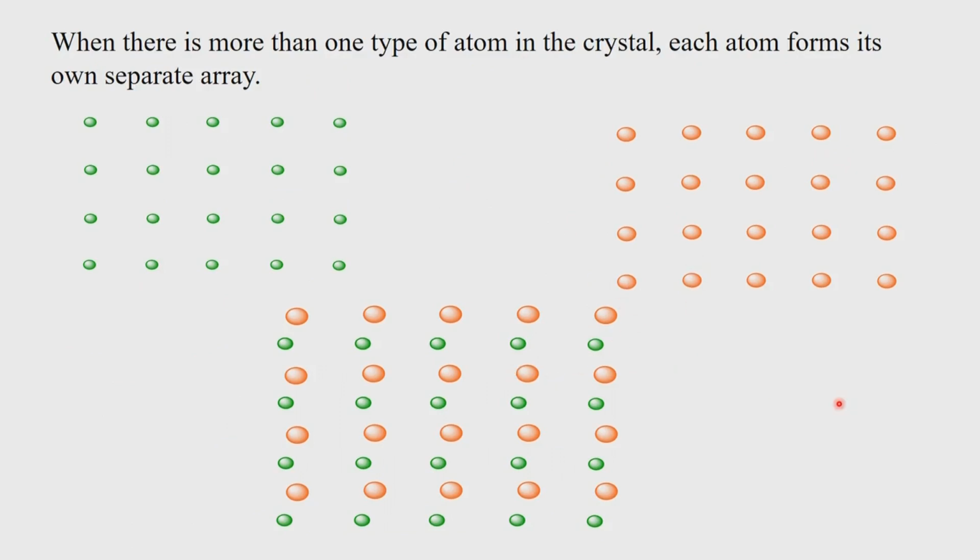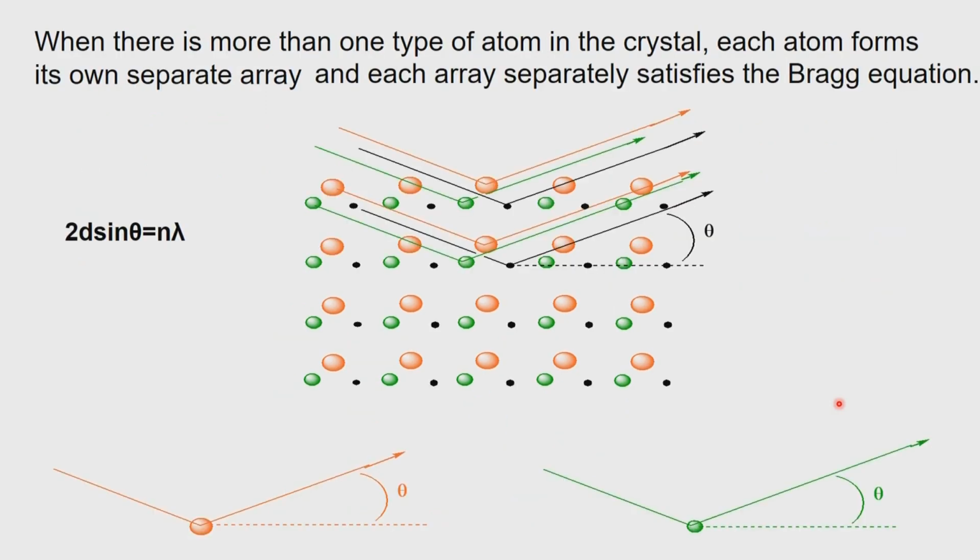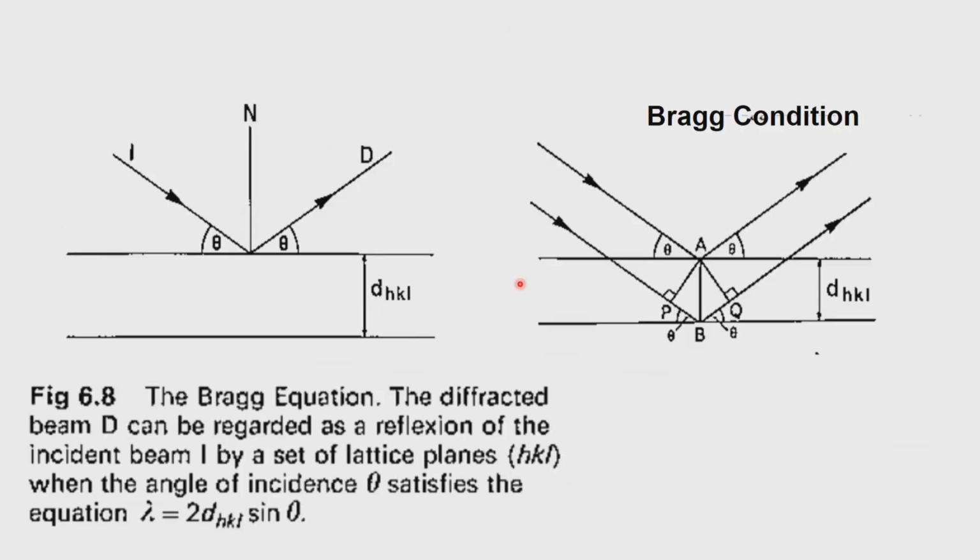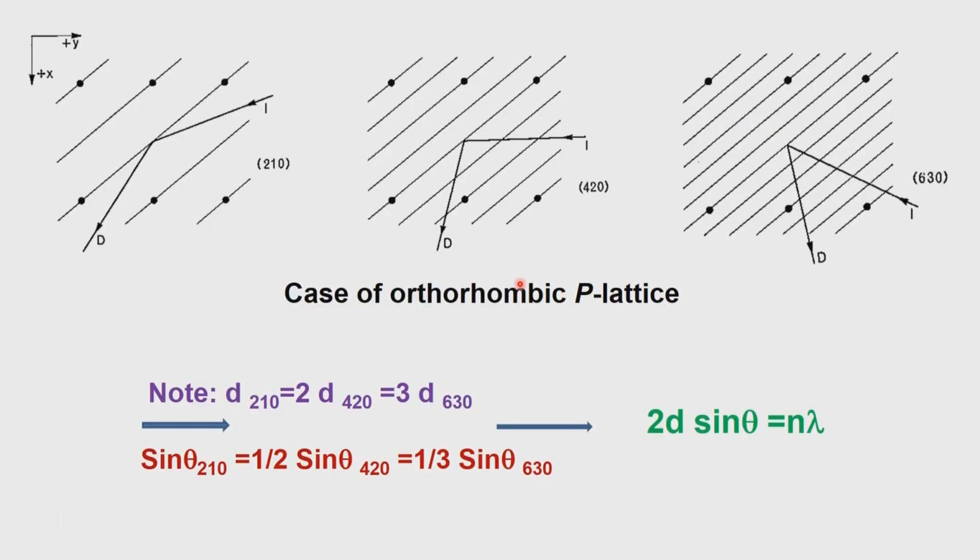We will do in the coming class how this association with the plane will generate the intensities, and what the contribution of each of these atoms to this particular lattice point is. And then we saw 2d sin theta equals lambda and then 2d sin theta equals n lambda.